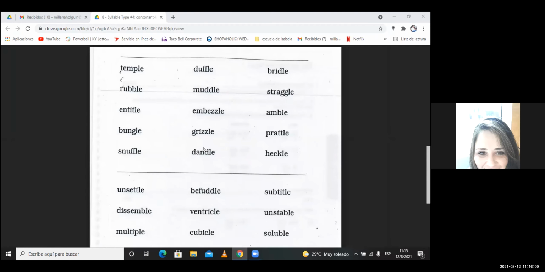Temple, rebel, entitled, bungle, snowfall. Okay.